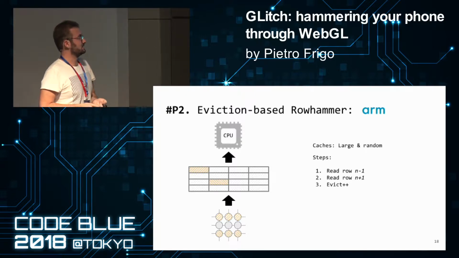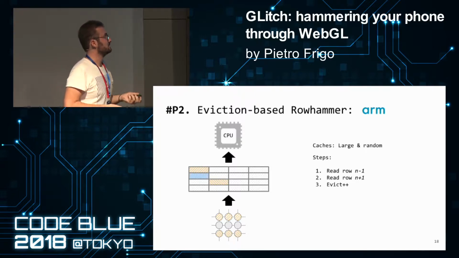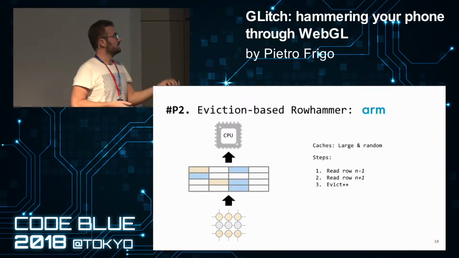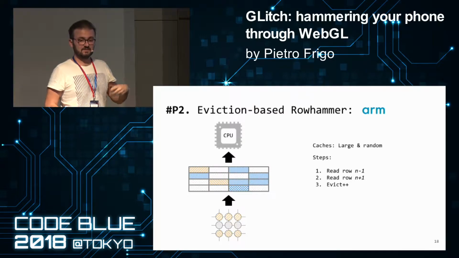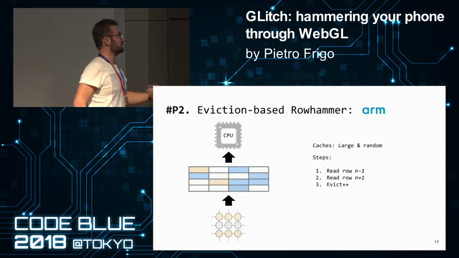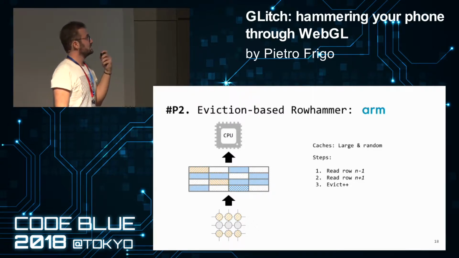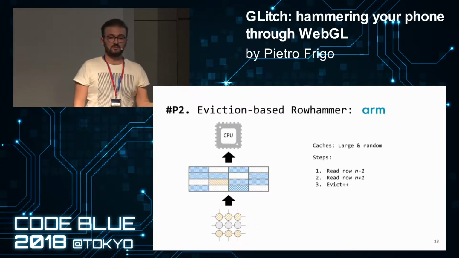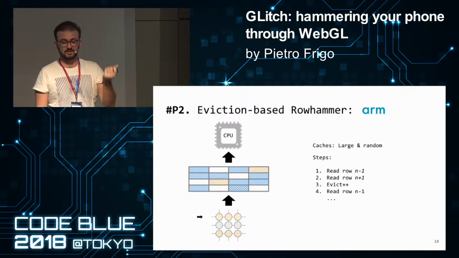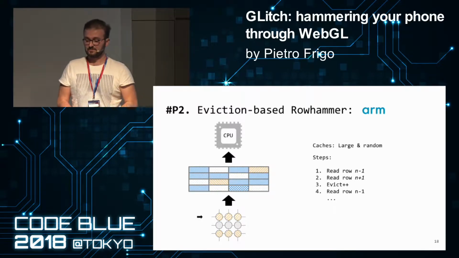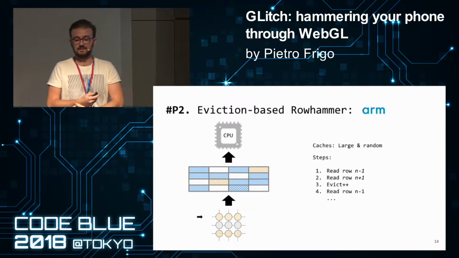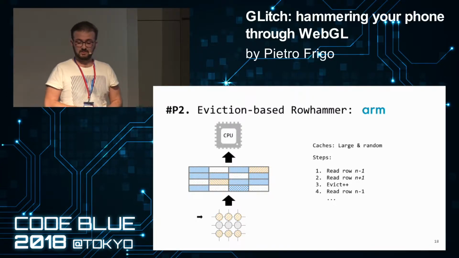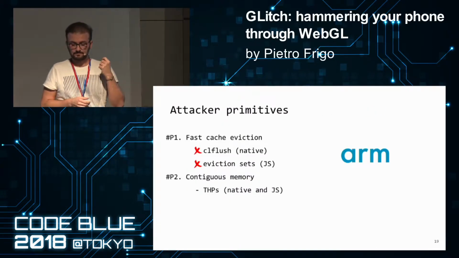And then you start evicting. You touch one page, another one, and you keep on doing it. Sometimes you may actually evict something that you use for eviction, so that's not really efficient. Until at one point, you're going to remove the content from the cache, and you can access it again for your bit flips. But this takes forever since the cache is large, and as a consequence, this is not an option on ARM.